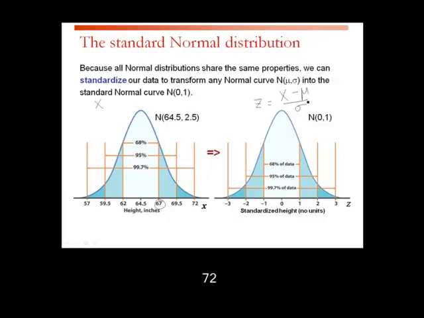So let's take 67, minus, what is the mean here? 64.5. Agreed? Divided by, what's the standard deviation? 2.5. Agreed? What do you think this comes out to be? 1.